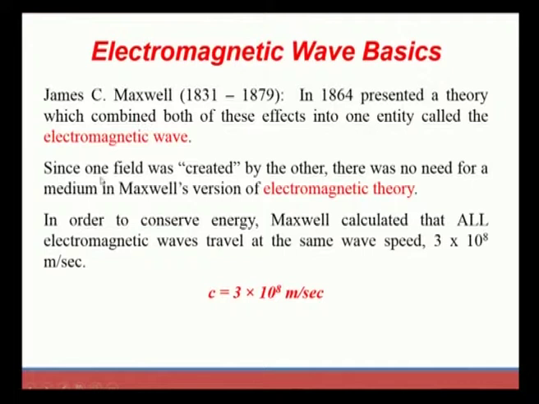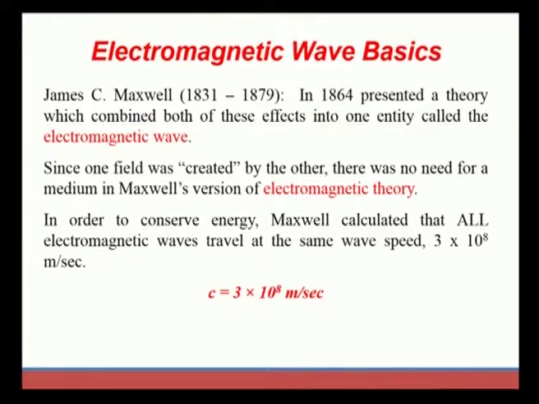And since one field was created by the other, there was no need for a medium in Maxwell's version of electromagnetic theory. From his proposal, what we understand is that from one field, either electric field or magnetic field, we can generate the other.